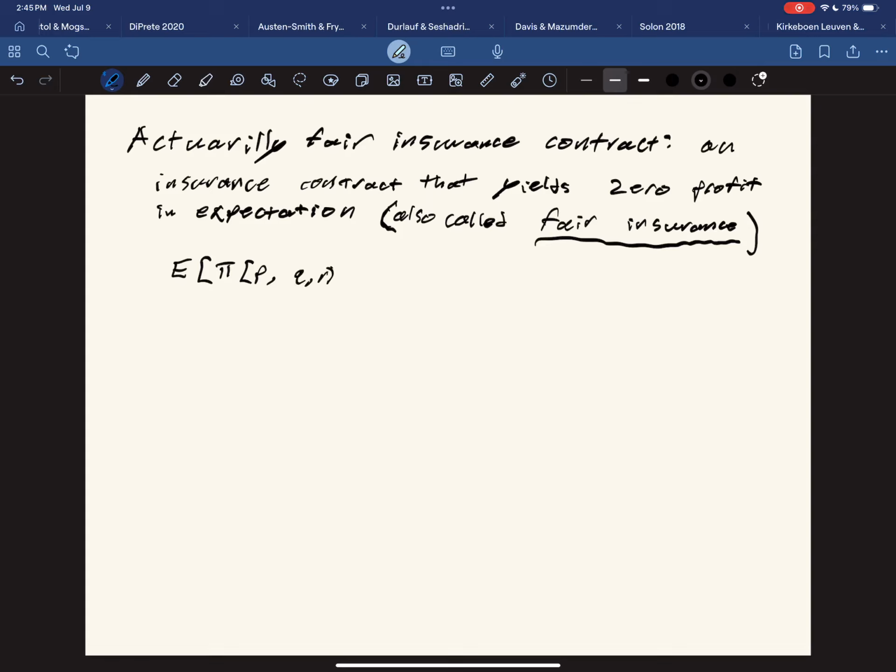Right, so the profit of an insurance contract is a function of the probability P that an event occurs, the payout Q, and the premium R. That implies that R equals PQ. Note that pi is profit.